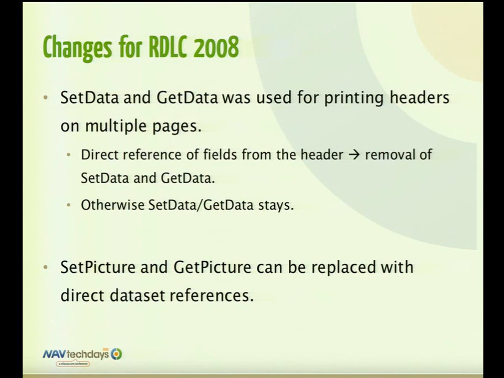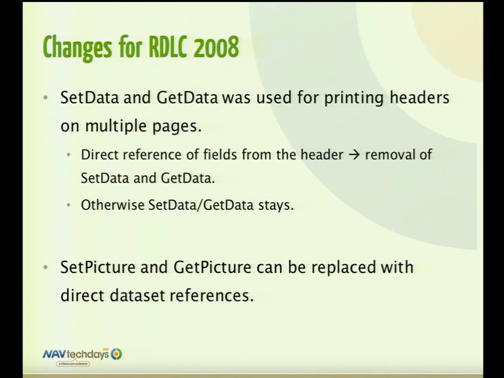Since we are using hidden fields to print the headers, and these hidden fields are at the top of our body region, they're not available when you go to the second page of your document. That's why we use set data to save the header information in a global variable in the background, and then we receive it back using get data. In all the reports where we were able to get rid of all the hidden fields, we were able to get rid of set data and get data also.